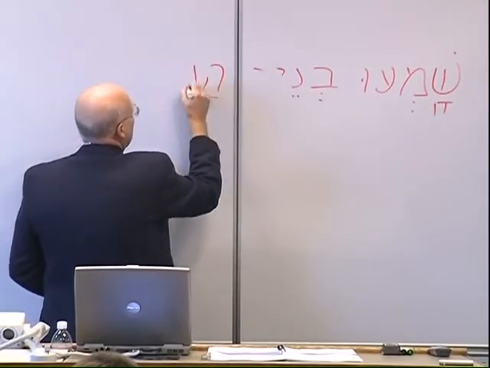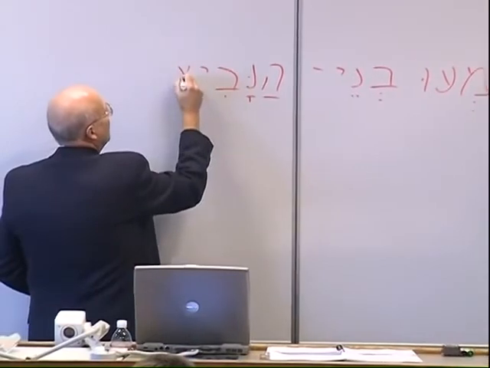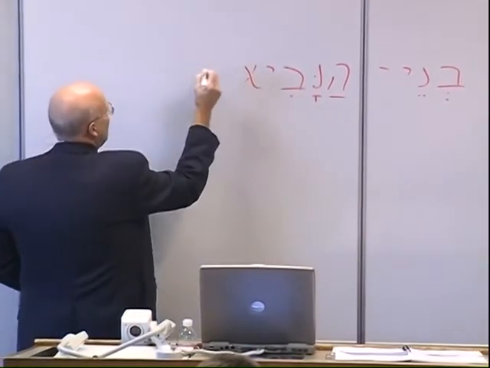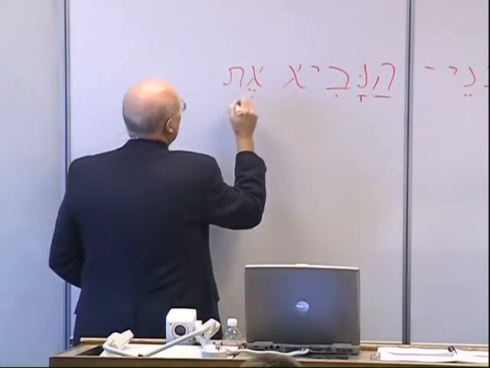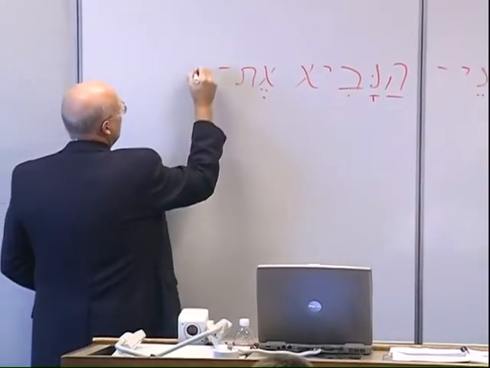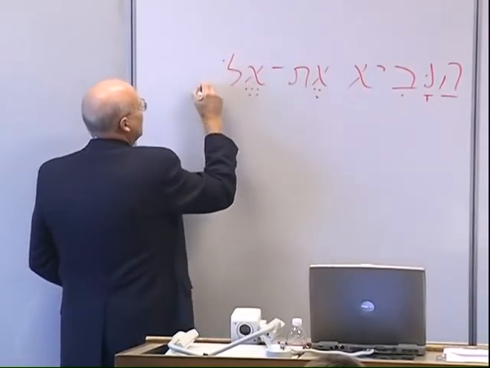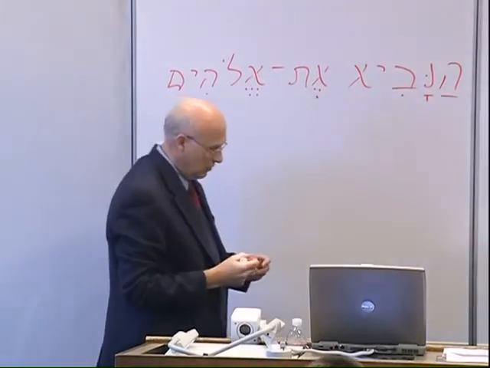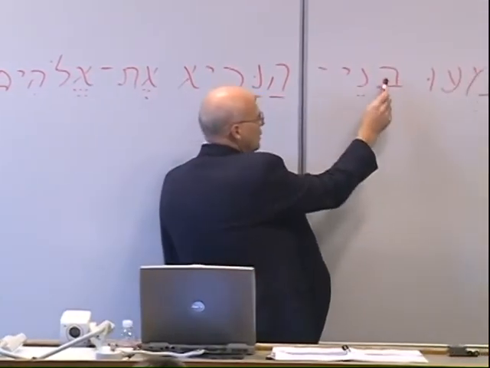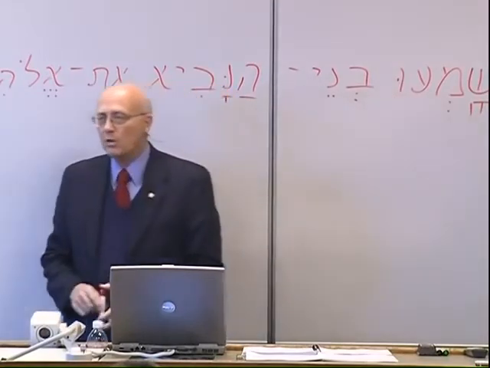And the prophet, Hanavi, and then at the end you had obeyed God. You could have put in the et there to indicate the direct object, or it could be without it, but Elohim is the way it closes out. But the reason you do not have a dagesh in this Beth is because it follows a word that ends in an open syllable.